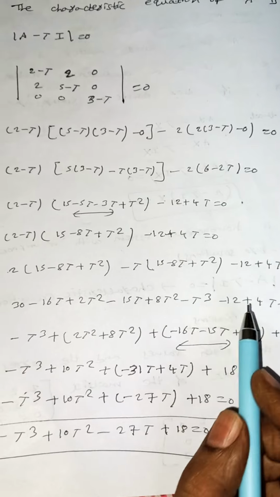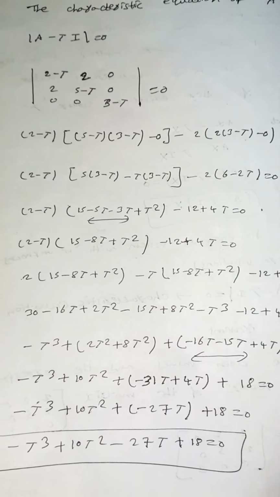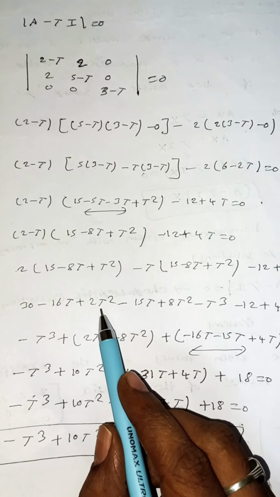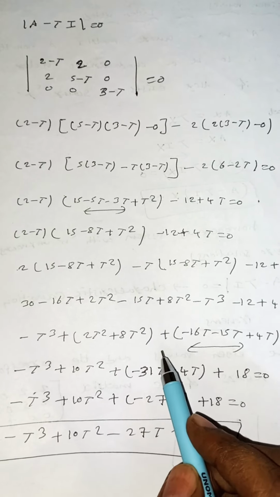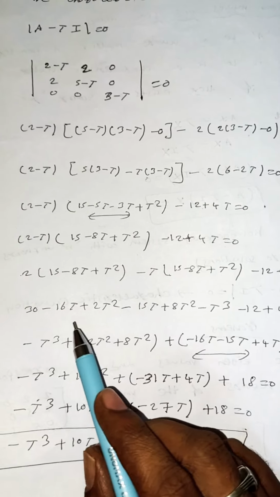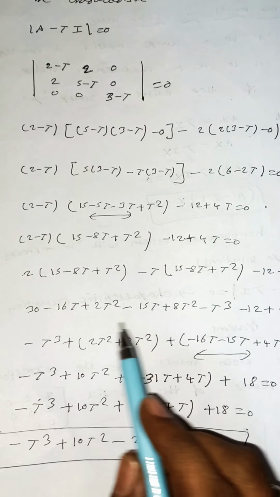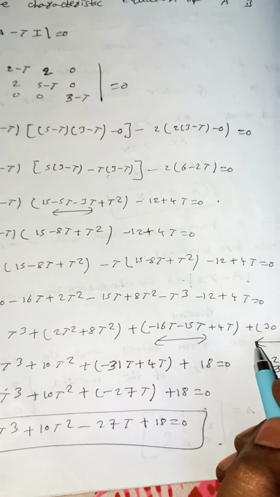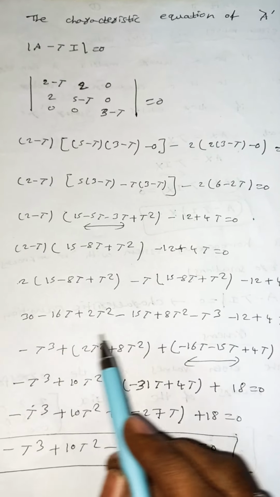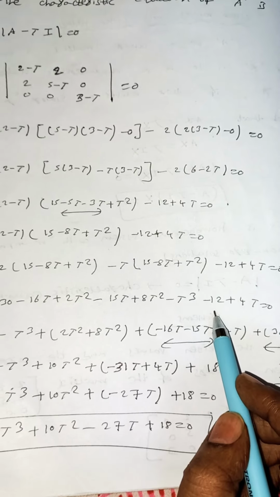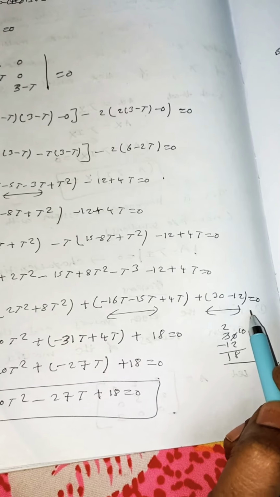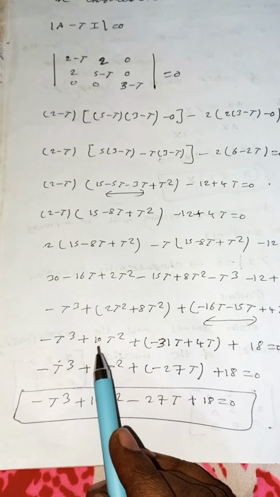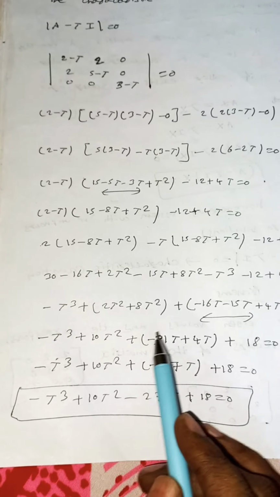Now write like powers on one side. So minus lambda power 3, plus lambda squares: 2 lambda square plus 8 lambda square, close the brackets; plus lambda terms: minus 16 lambda minus 15 lambda plus 4 lambda, close the brackets; plus constants: 30 minus 12, written in one bracket, is equal to 0. So minus lambda power 3 plus 2 plus 8 is 10 lambda square.